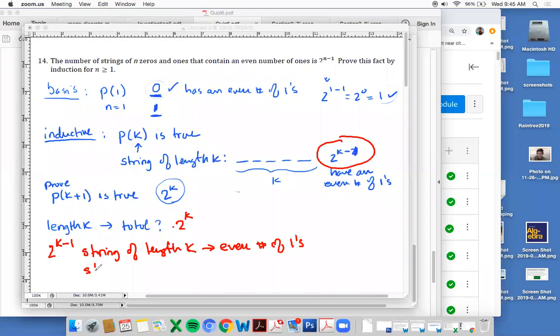And how many strings of length k are there who have an odd number of ones? So if there's 2 to the k minus 1 strings that have an even number of ones, how many will have an odd number of ones? Right, the same. Basically, we have 2 to the k in total. Half of them are going to have an even number of ones, half of them are going to have an odd number of ones.